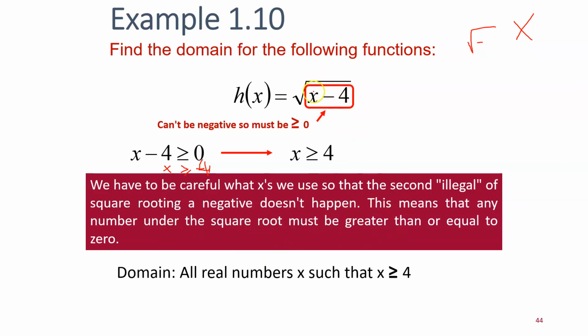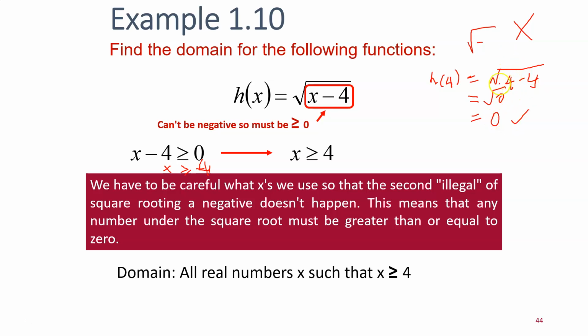If we choose 4 here, 4 minus 4 is square root of 0, and square root of 0 is still 0. So you still have a value there.